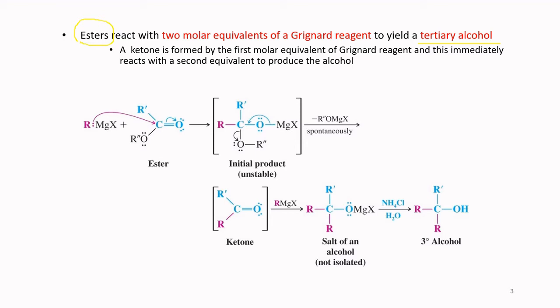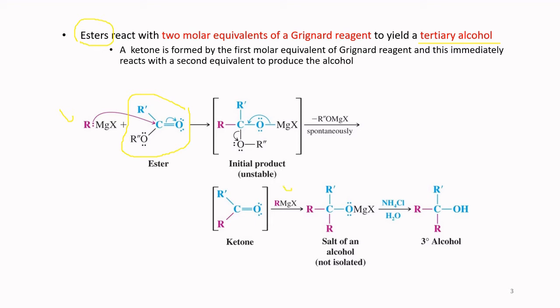However, the difference between ketone and ester is that in a Grignard reaction, when we use a ketone, we only use one equivalent of Grignard reagent. But if we choose an ester as our starting material, we need to use two equivalents of Grignard reagent, meaning one equivalent here and then another equivalent at the second step.